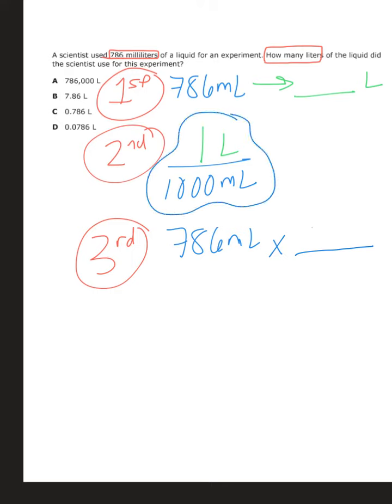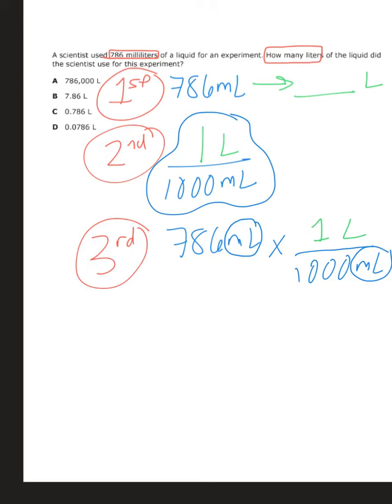And remember, it's 1 liter for 1,000 milliliters. Notice that I used the colors and I kept the colors the same. So milliliters here is in blue, and then liters here is in green.